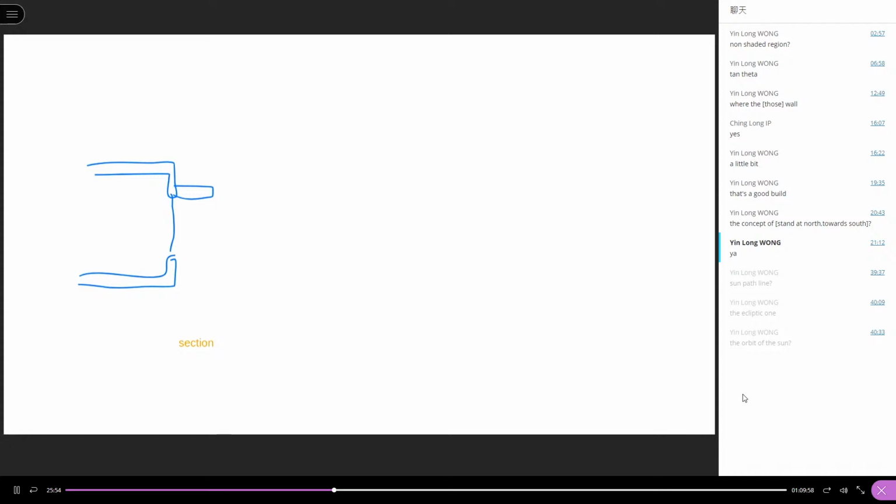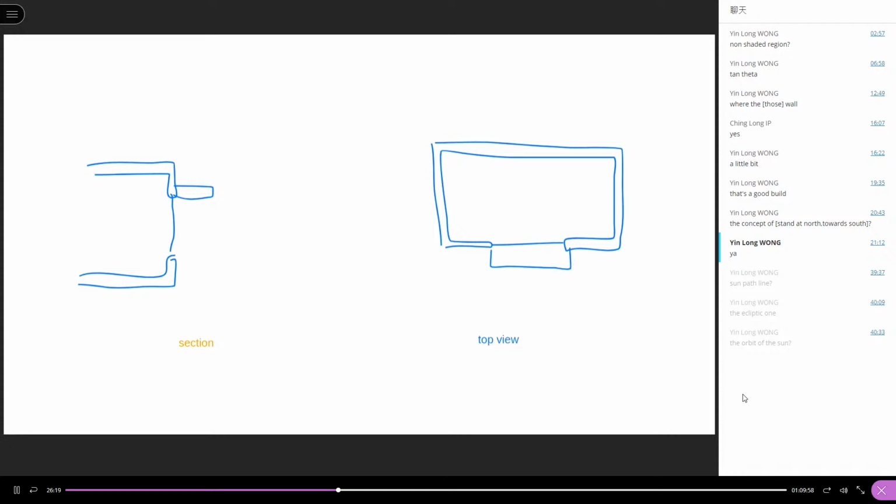In the top view, this is the room. And then I have a window, and the overhang may be like this.